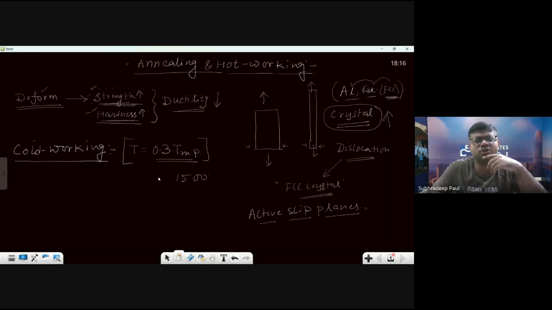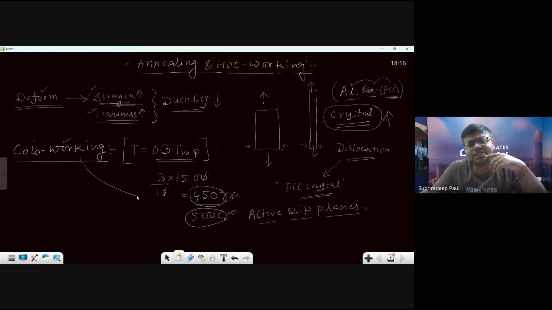If I am talking about 0.3, that means 3 by 10, so the cold working temperature is going to be around 450. So for steel, if I am maintaining the temperature at 450 or 500 degrees Celsius and I am deforming steel, then it is actually cold working.